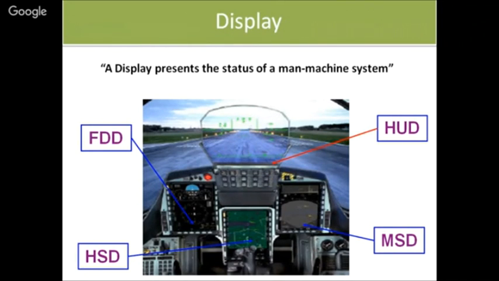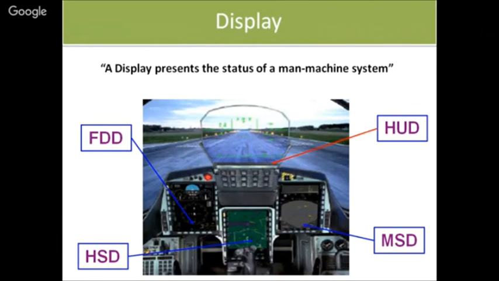It can be anything. It can be an MFD, multifunctional display. It can be horizontal side displays. It can be FDDs, and it can be head-up display. Now, what is the difference between these? Basically, if I say that all these MFDs, HSDs, and FDDs are head-down displays, that will give you an idea about what I mean by head-up display.